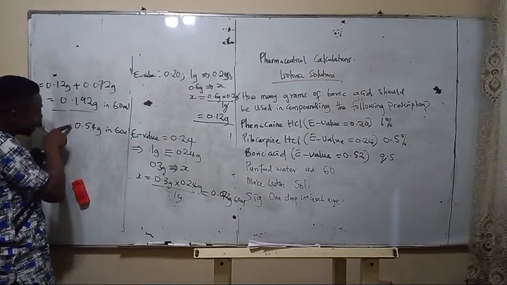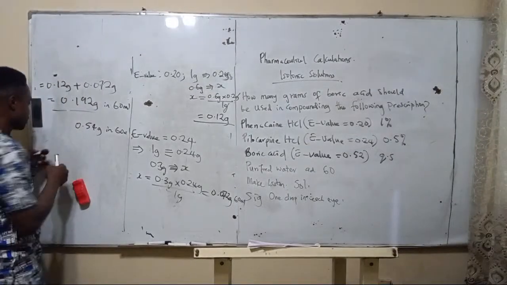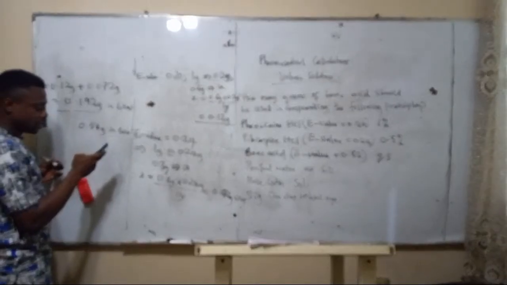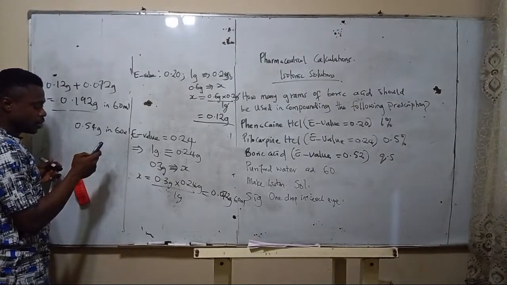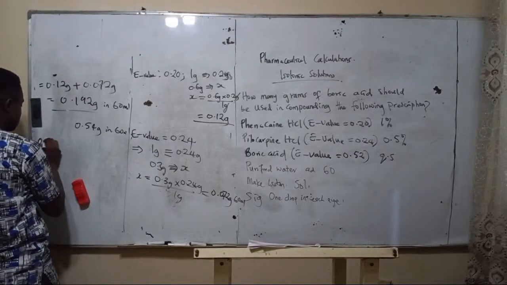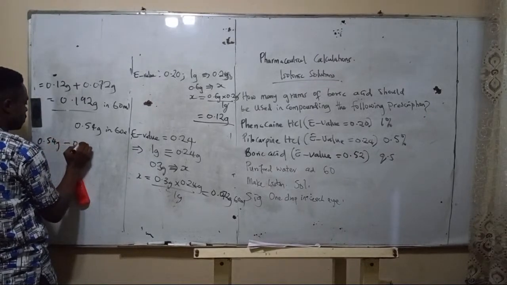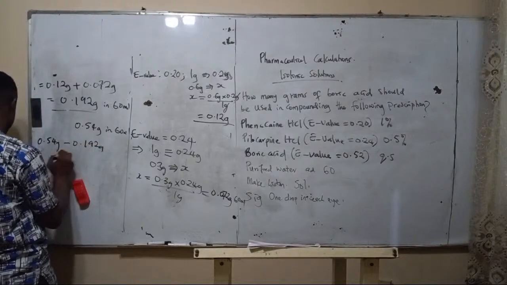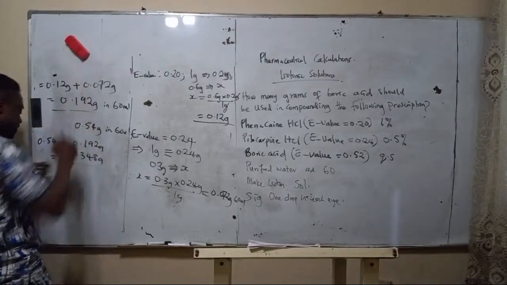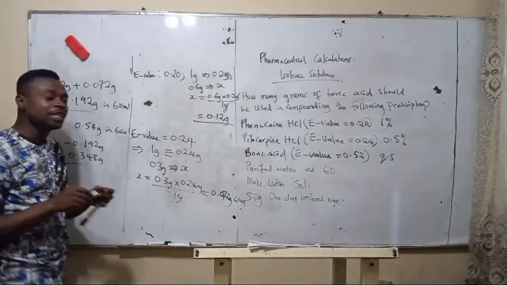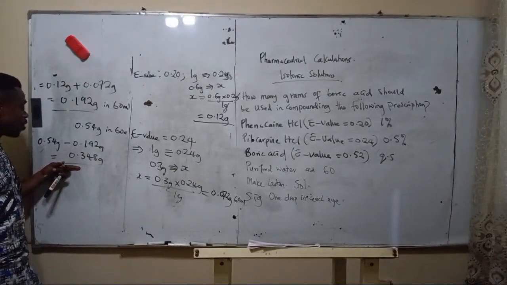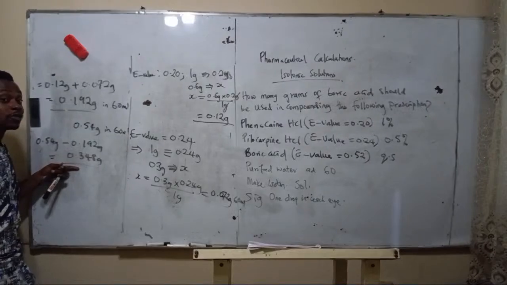So we have 0.54 gram minus 0.192 gram, which is 0.348 gram. So the amount of extra sodium chloride we need to add to make this solution isotonic is 0.348 gram.